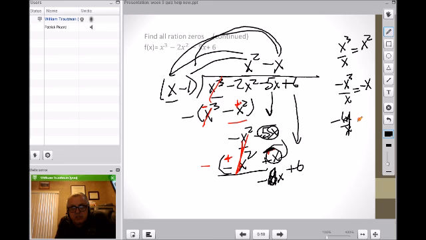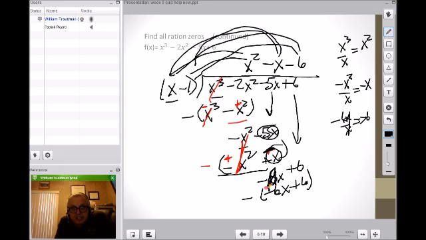The x's cancel, and the answer is negative 6. Put negative 6 up here. Negative 6 times x, negative 6 times a negative 1. And when you subtract it, if they're exactly the same, the signs change, and you can cancel it and it turns to 0. So here's my solution, x squared minus x minus 6.